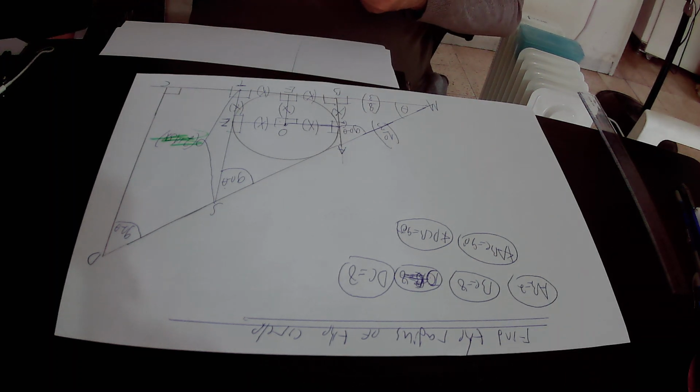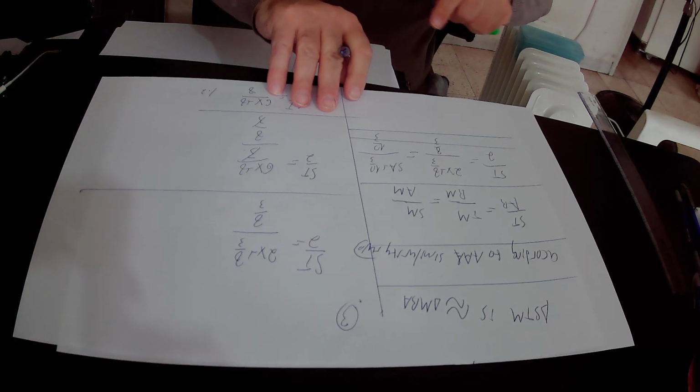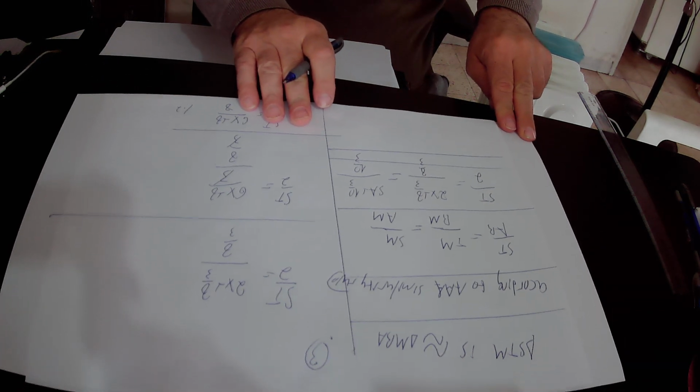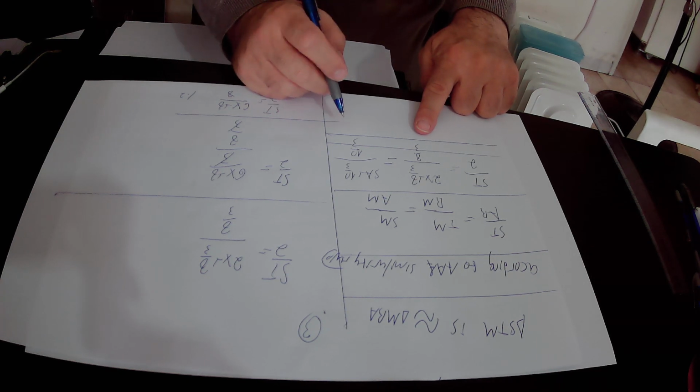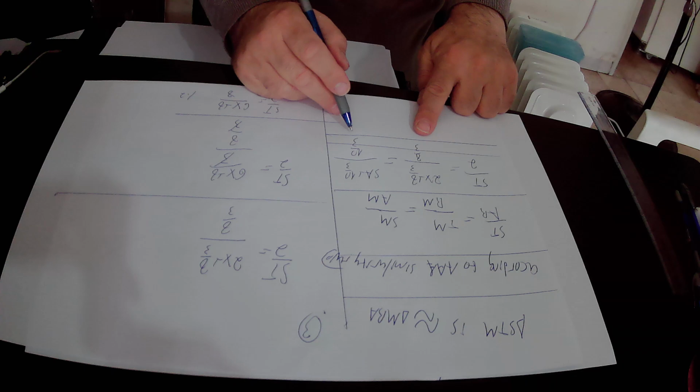We return to our equation, to the long equation. Those two sides are equal to each other. Therefore, we create equation 2 from those two sides.